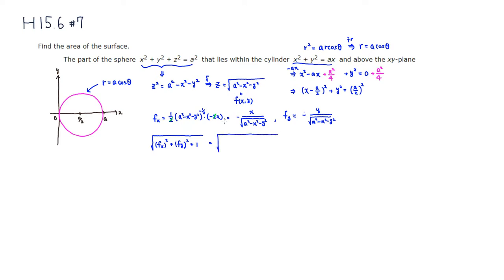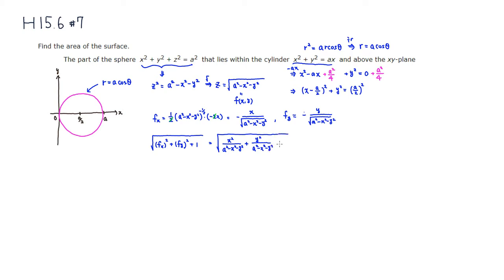The partial with respect to x squared would be x squared over a squared minus x squared minus y squared, plus y squared over a squared minus x squared minus y squared.